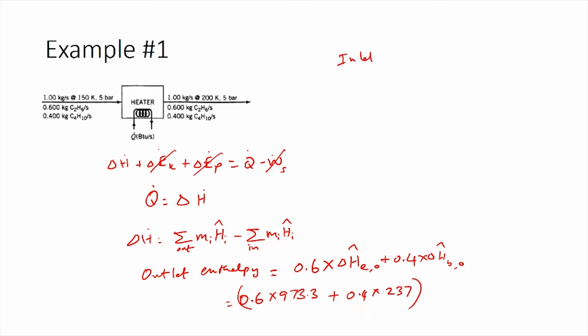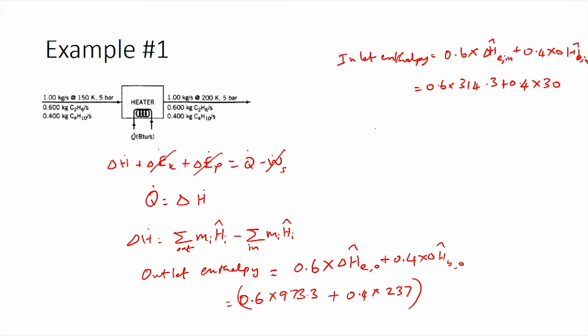Inlet enthalpy will be equal to 0.6 times delta H cap of ethane in the inlet plus 0.4 times delta H cap of butane in the inlet. So, this would be 0.6 times 314.3 plus 0.4 times 30.